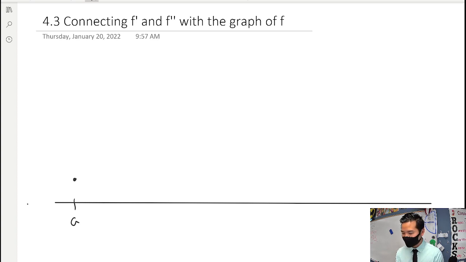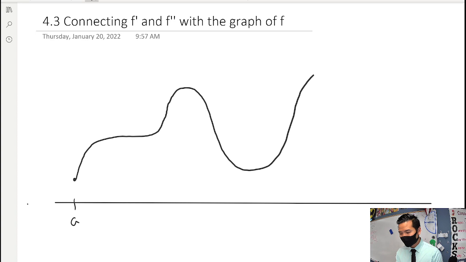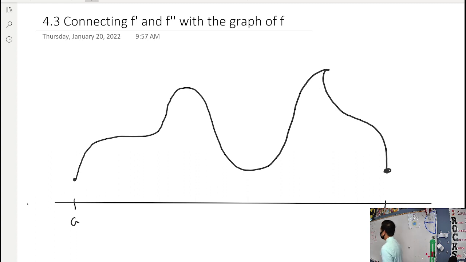Don't mind me. Try your best to draw it. Don't worry if it's not perfect.